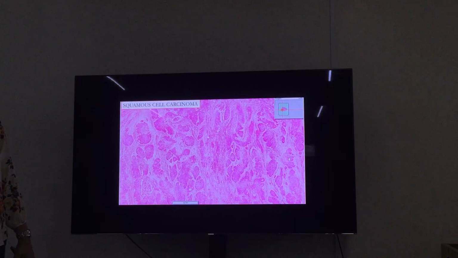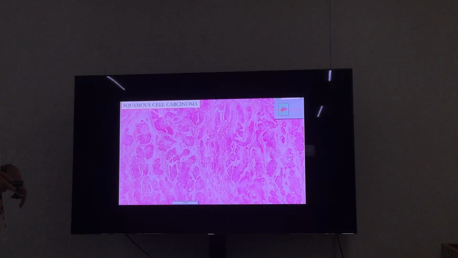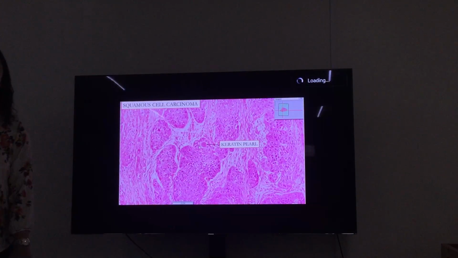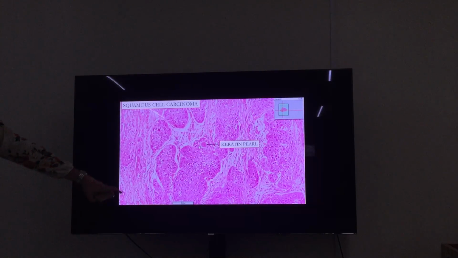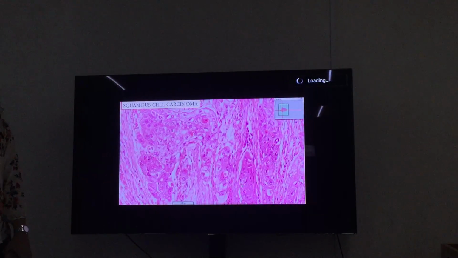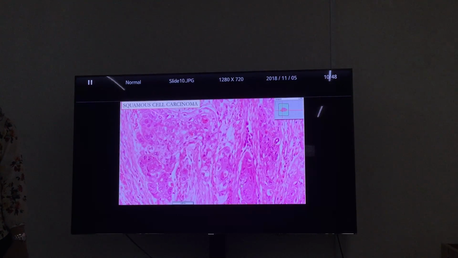It appears in nest. Walang glandular formation. And another feature that you will see in squamous cell carcinoma is the presence of your keratin pearl. Okay, remember na yung squamous cells, they secrete or produce keratin. Okay, so yung mga atypical cells, they also produce keratin. So this is a well-differentiated type of your squamous cell carcinoma. So yan, you can see prominent yung mga features of malignancy. So klaro na? Okay, klaro na ha?